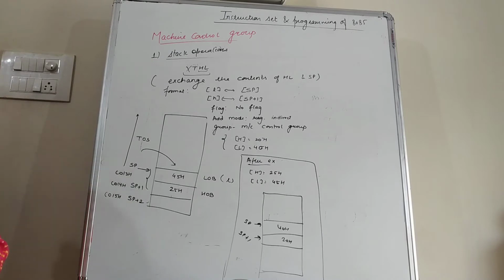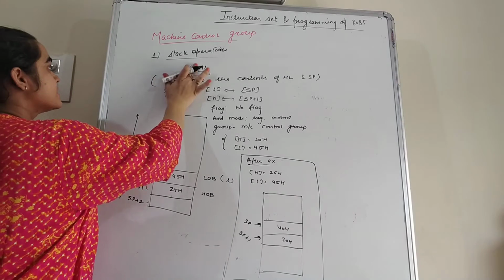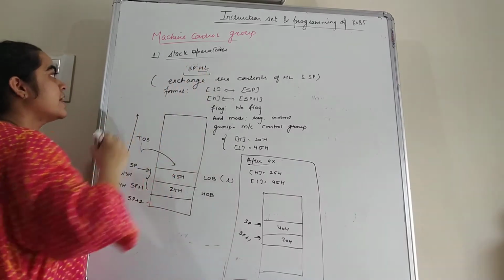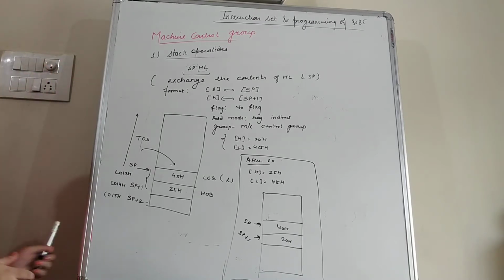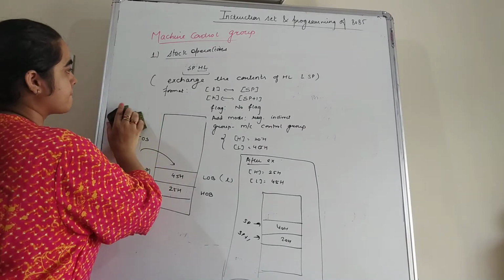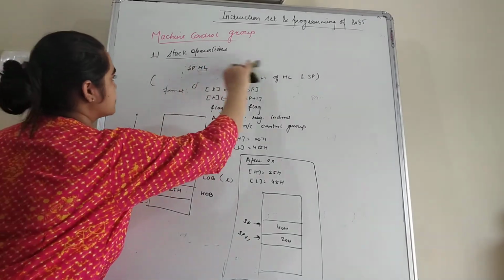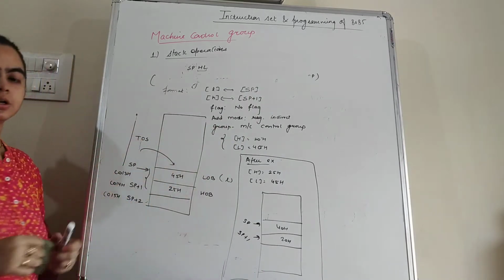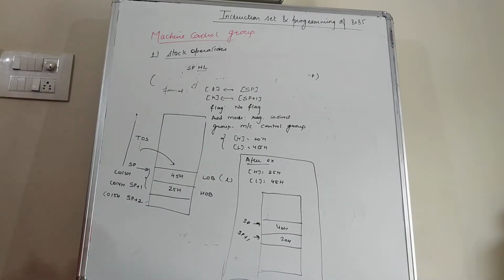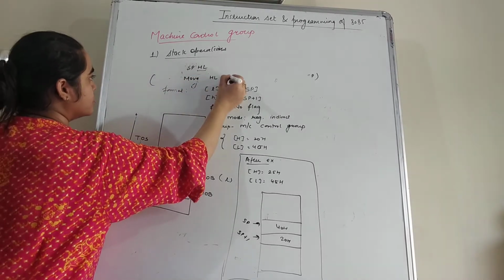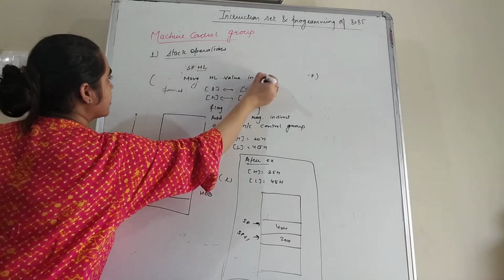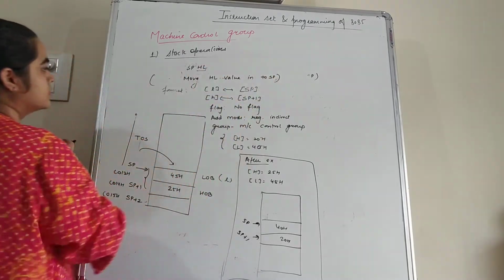After this students, we have the last instruction under this group, that is SPHL. SPHL means we can copy the contents of HL into the stack pointer. So the instruction moves the HL value into SP.